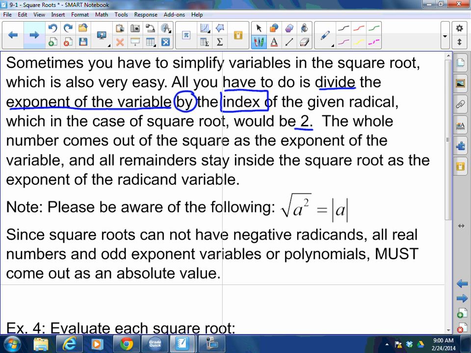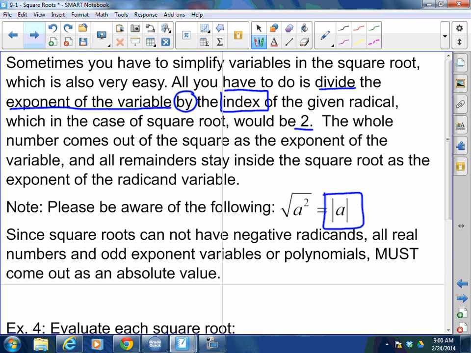I'm going to explain this more. Hold on. Give me a second. Please be aware of the following, though. Remember how we just said we cannot have negative values inside of a square root, correct? So that means that whenever I am simplifying variables, if I pull out a variable that has an odd exponent, it has to come out in an absolute value.